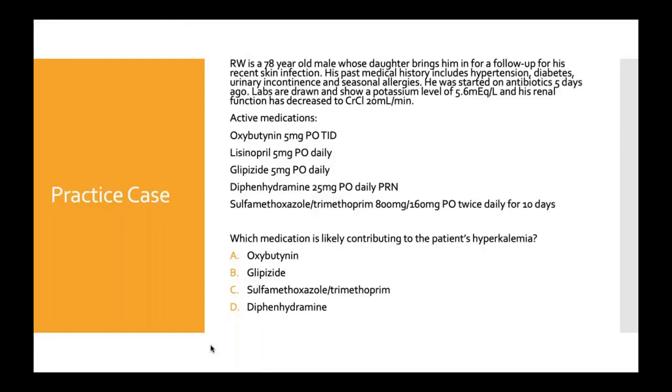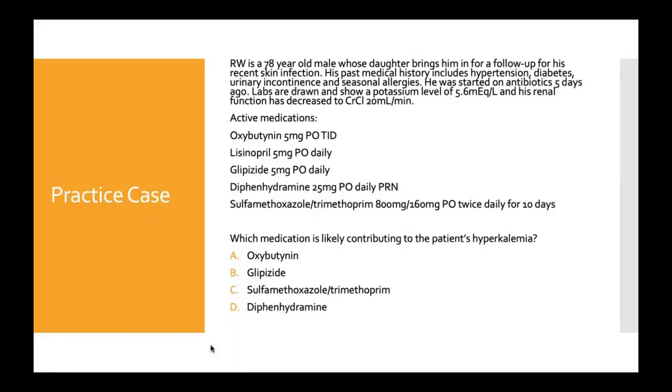So we've got our 78-year-old male whose daughter brings him in for a follow-up with his recent skin infection. He was started on antibiotics 5 days ago, and today we get some labs and we show that he has a potassium level of 5.6, so it's a little bit high, and his renal function has decreased, and you calculated his creatinine clearance and it's at 20.